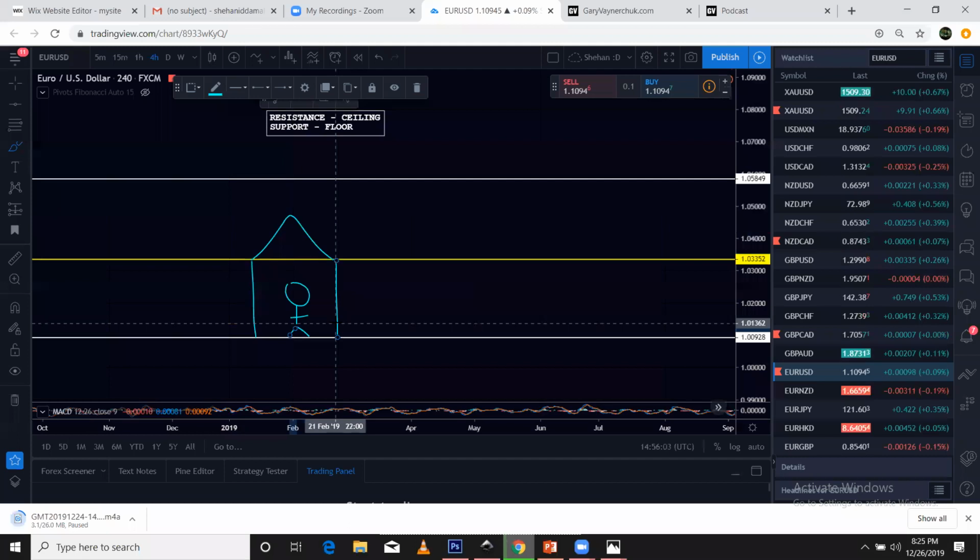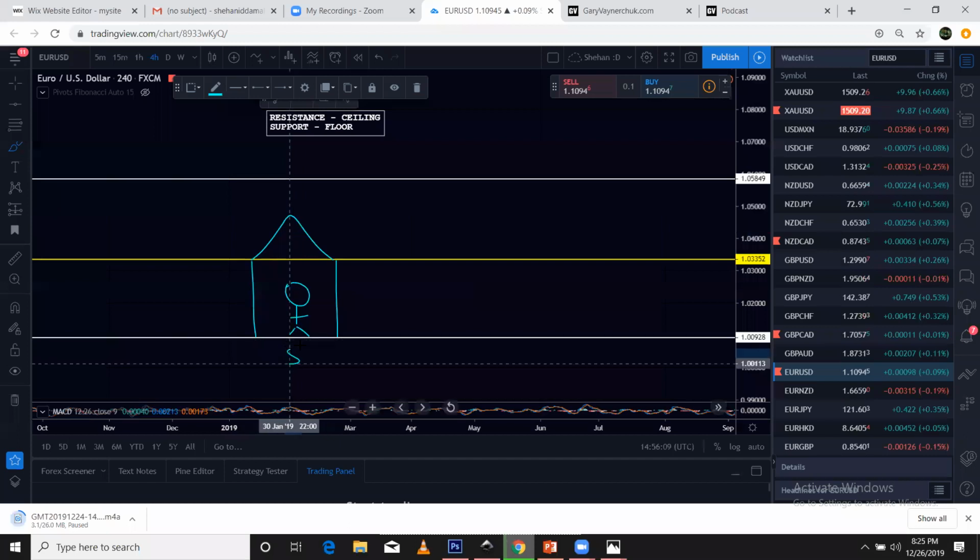Okay, cool. Now for this person, this white color line is gonna be the support, right? The support, the floor. It's the floor for him, right? He's standing on it. So that's gonna be the support for him, right? And this is gonna be the ceiling part, which is the resistance, right?